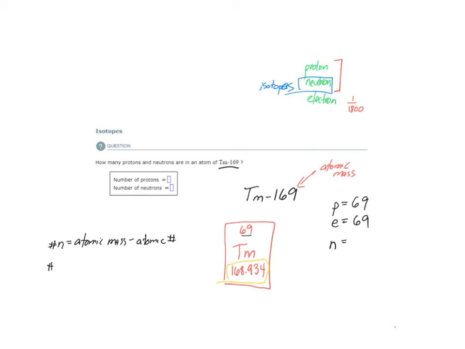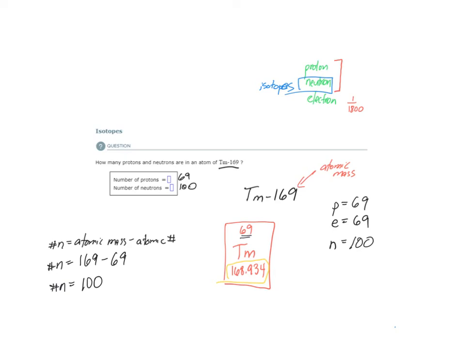What is the atomic mass of this particular isotope of thulium? It's given here, 169. What's the atomic number of thulium? 69, we get that here. So the number of neutrons will be equal to 100. So our answer would be 69 protons and 100 neutrons. So that is our answer.